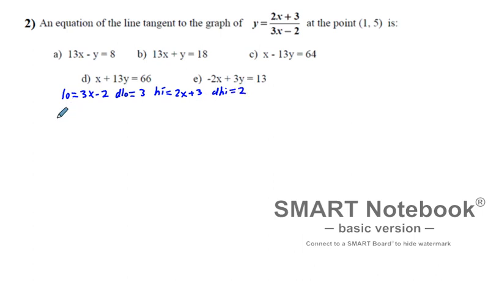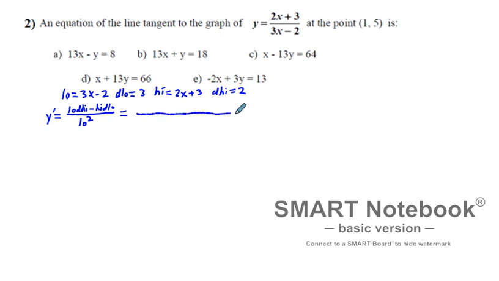So our derivative, y prime, is going to be equal to low d high minus high d low, all over low squared. Anyway, that's it. So let's go ahead and work this to the right.